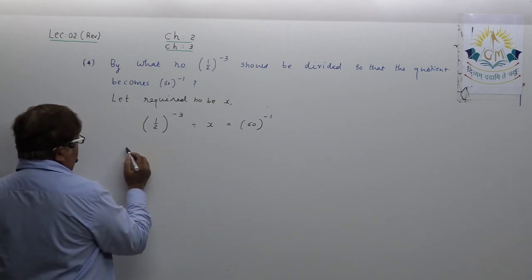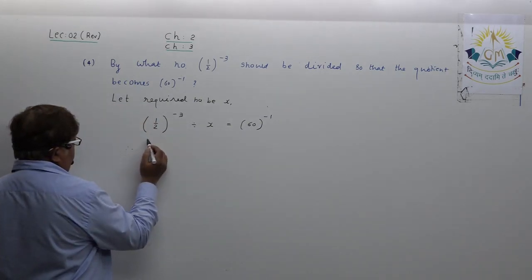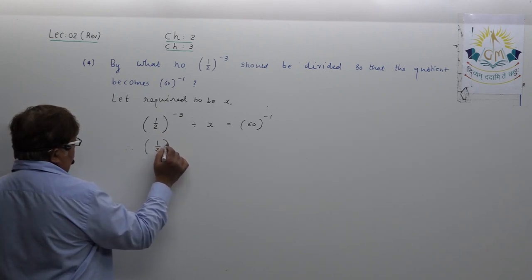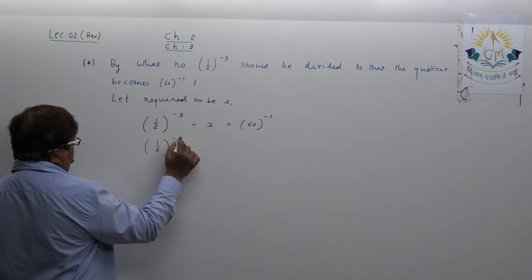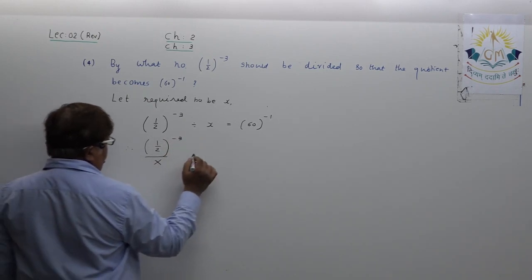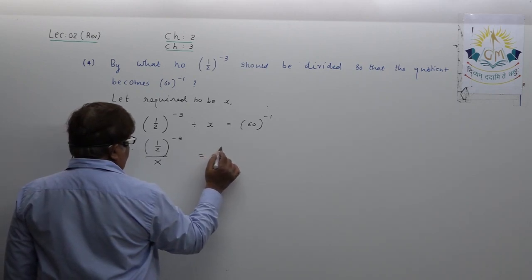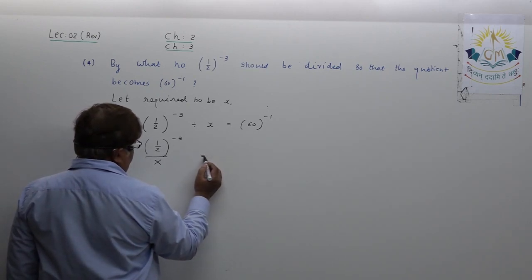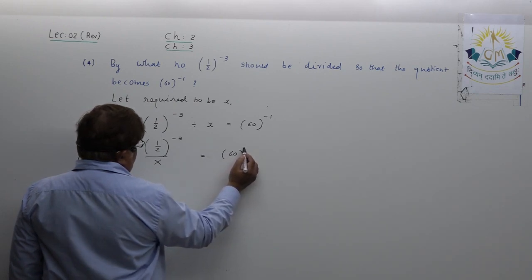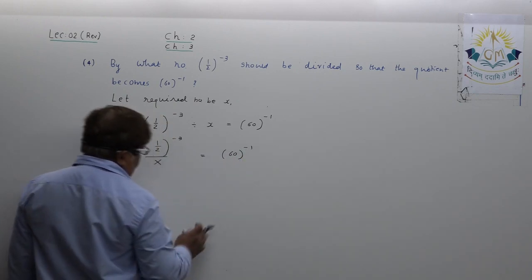The next step you may have done like this: 1 upon 2 raised to minus 3 upon x is equal to 60 raised to minus 1.